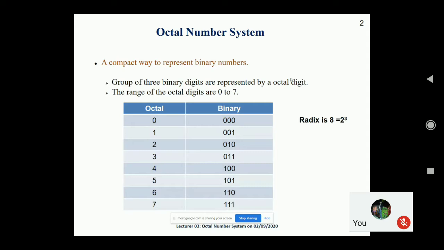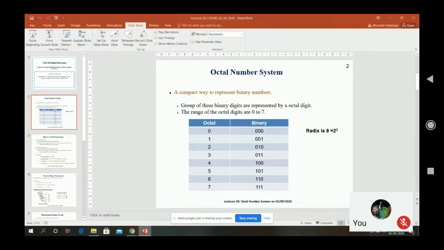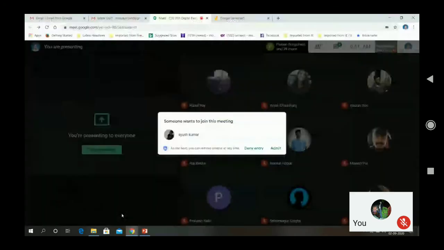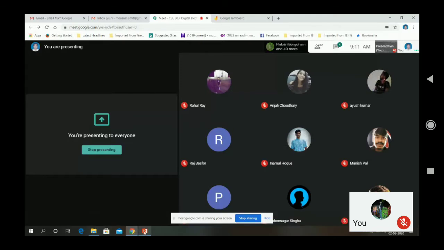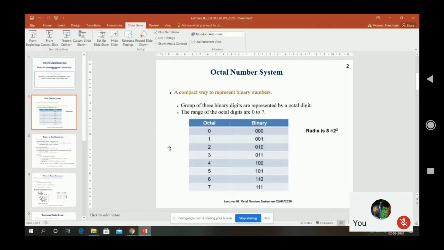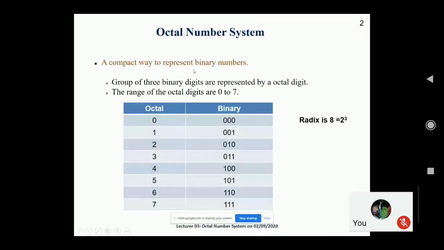Again someone is joining. Ayush Kumar, are you hearing me? Yes, sir. I can hear you. Good morning. Why are you attending this particular subject? Because you have a backlog or what? I have a backlog in this subject, sir.